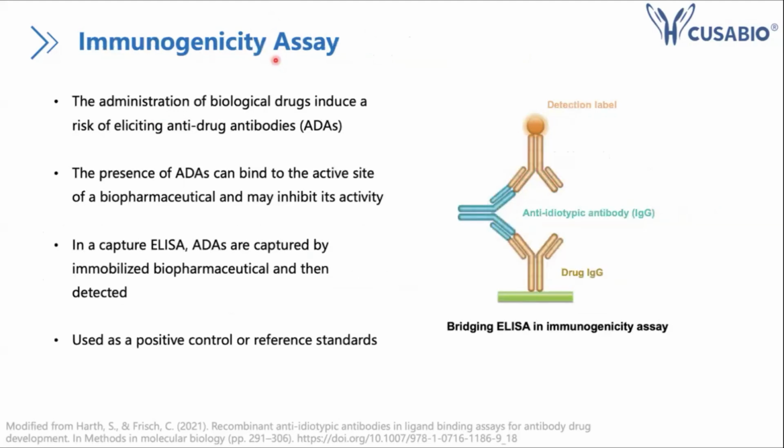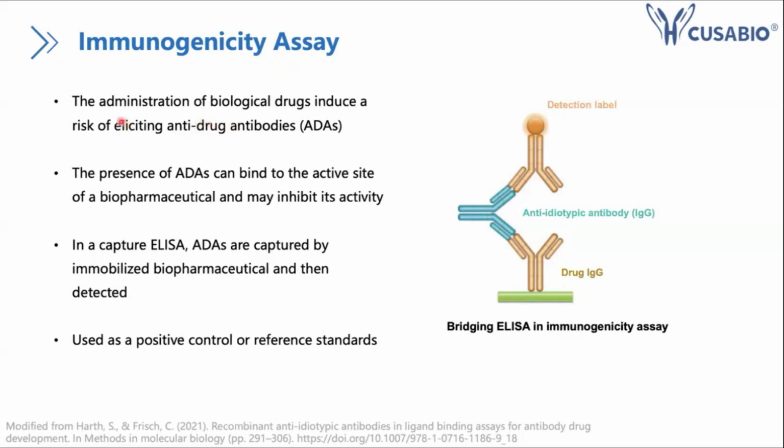And moreover, with the anti-idiotype antibody, you can perform another type of PK analysis called the immunogenicity assay. This assay is different from the previous one I mentioned, because for the previous one you use the monoclonal antibody, but for the immunogenicity assay you probably need the polyclonal antibody.